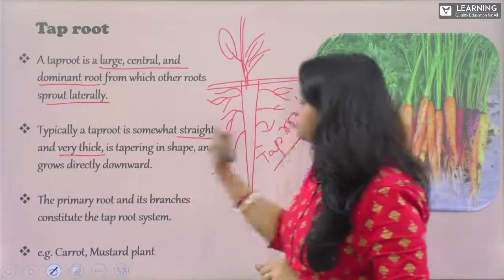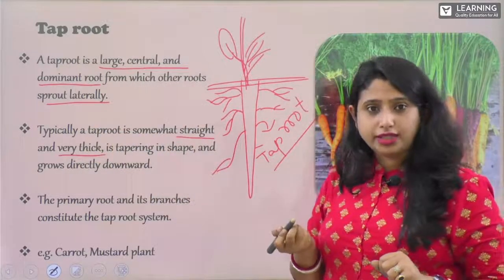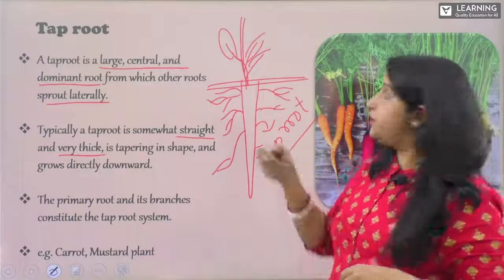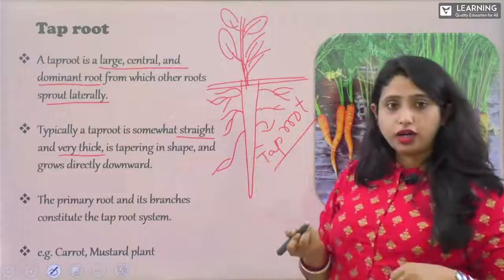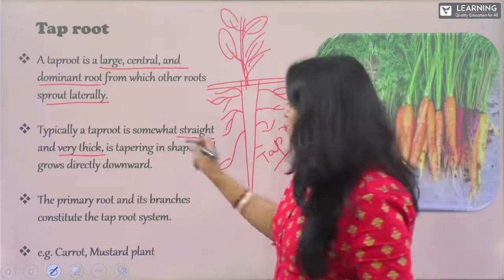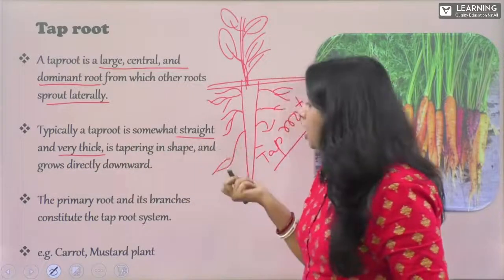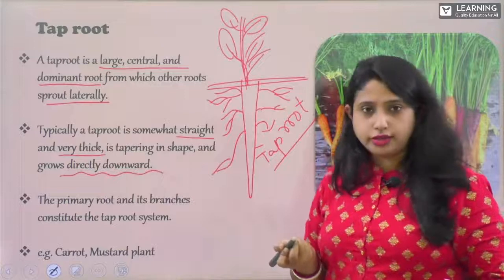Clear? Technically, a taproot is somewhat straight and very thick. As I have already mentioned, the taproot will be very, very thick, and it will be very much straight, okay? And it is tapering in shape and goes directly downwards into the soil.